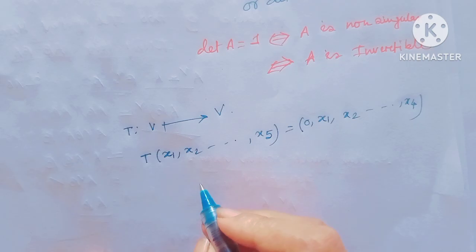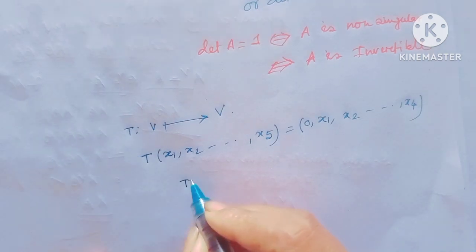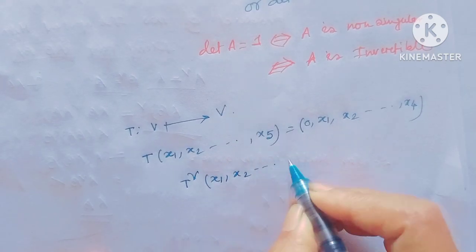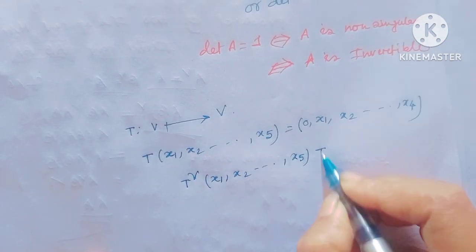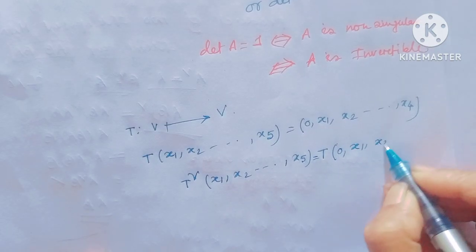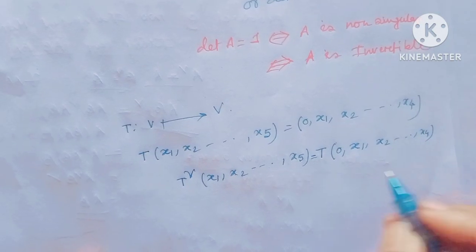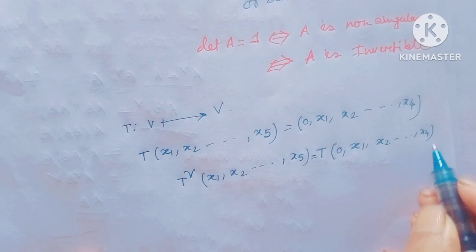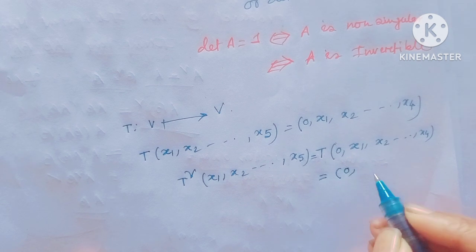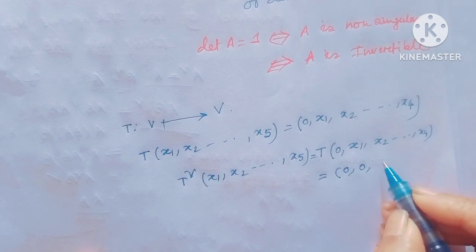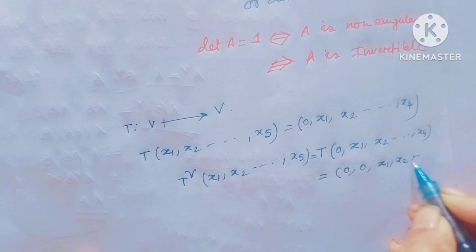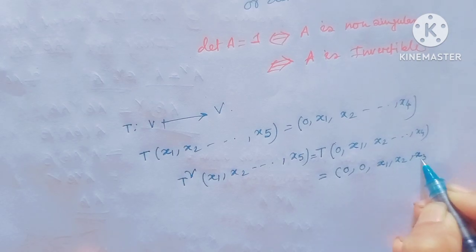Then notice T square of (x1, x2, up to x5) equals T of (0, x1, x2, up to x4), and T of (0, x1, x2, up to x4) equals (0, 0, x1, x2, x3, x4).